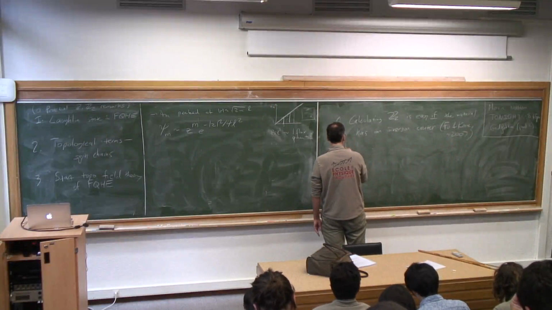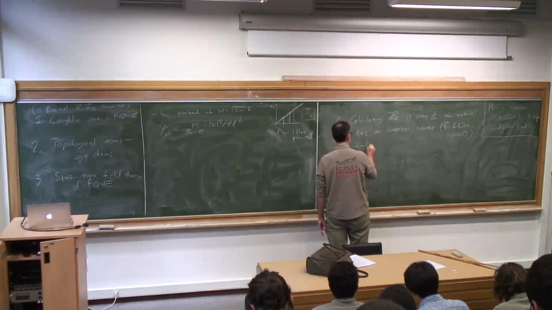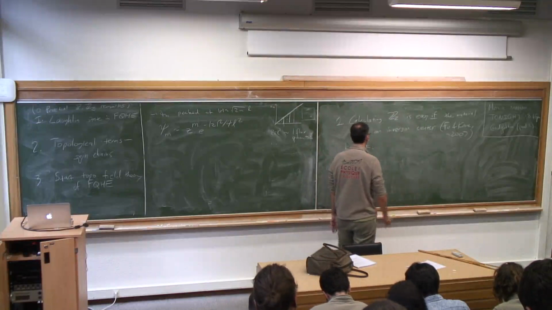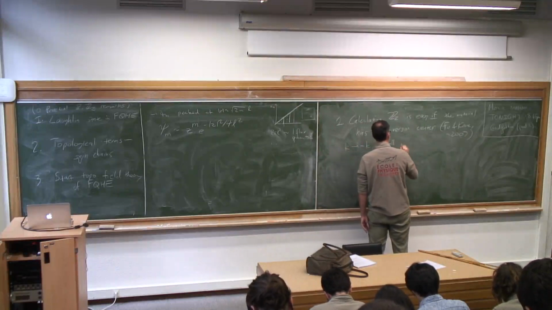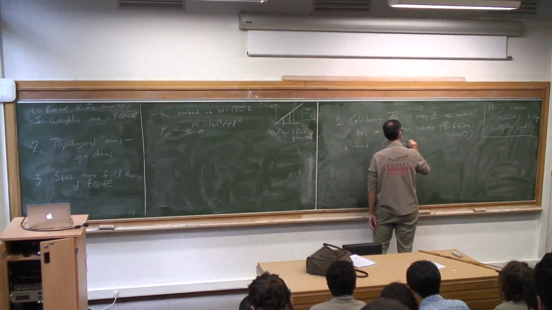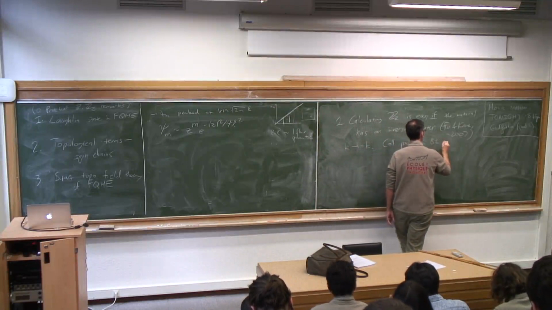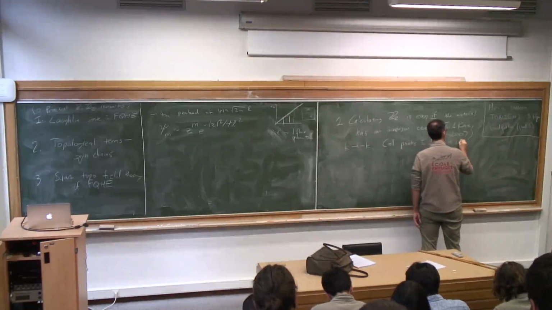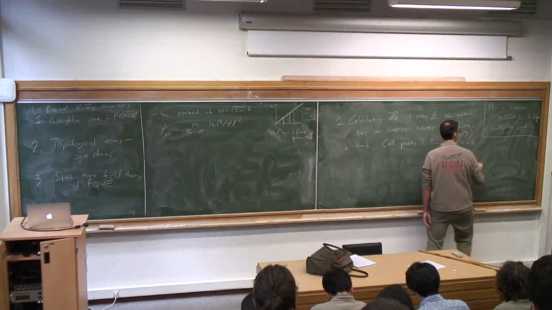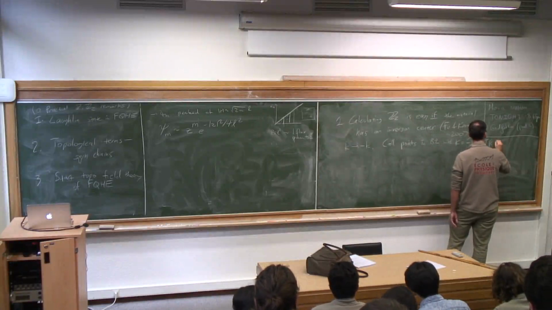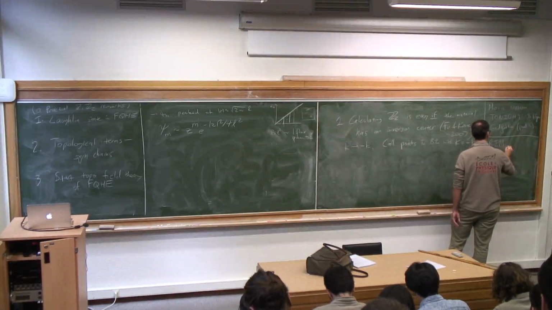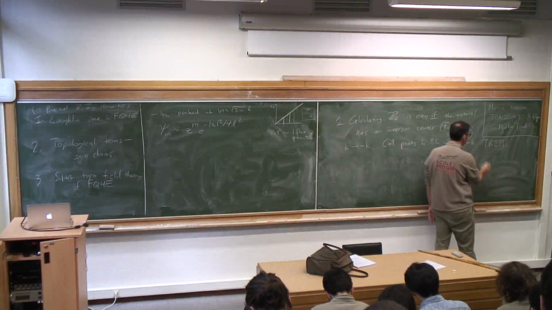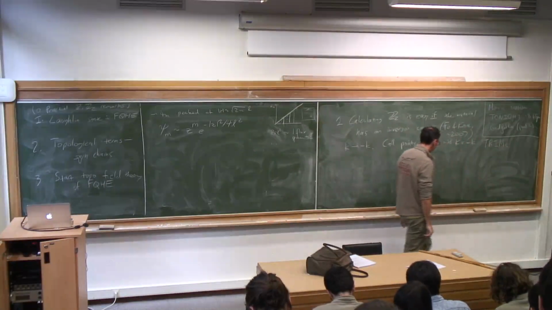So we know that time reversal takes k to minus k. Call the points in the Brillouin zone with k equal to minus k TRIMs, which is time reversal invariant momenta.